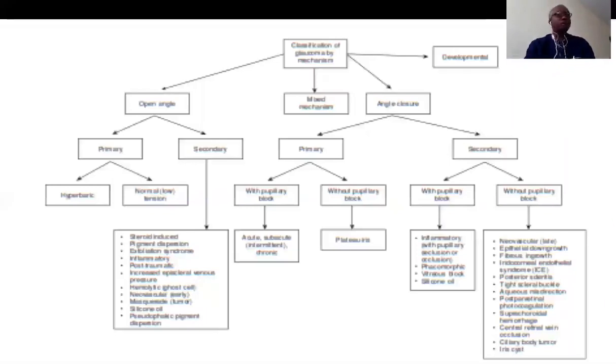It's actually a group of diseases, and they are subclassified into open angle, the angle closure types. Also, we have the developmental glaucomas. The open angle and angle closure types are subdivided into the primary and secondary glaucomas. And today, our focus is on the secondary open angle glaucomas.